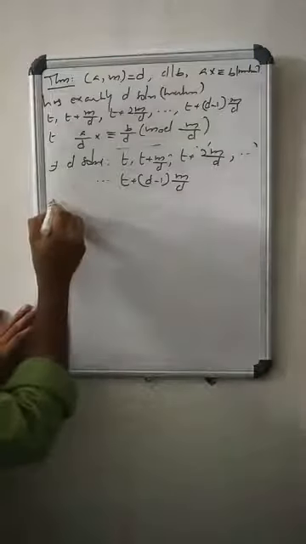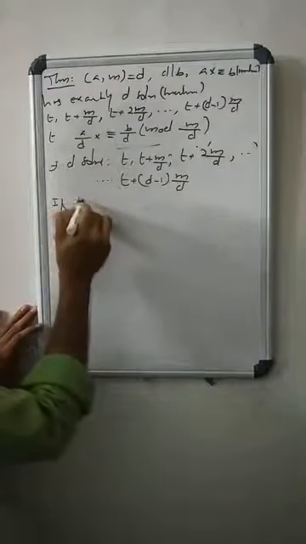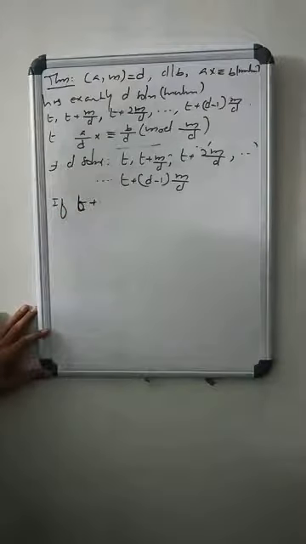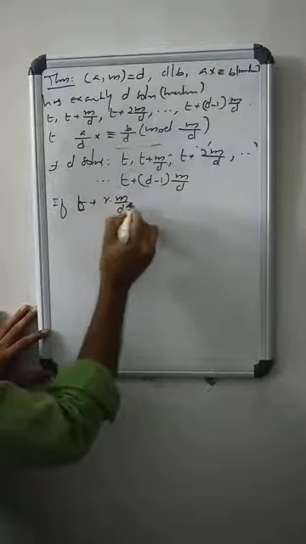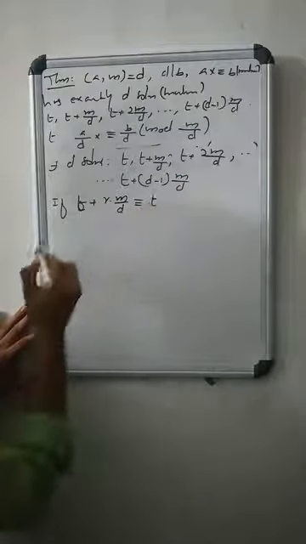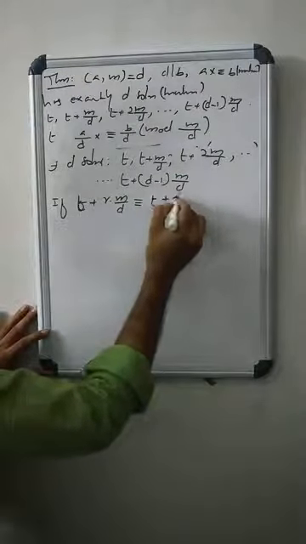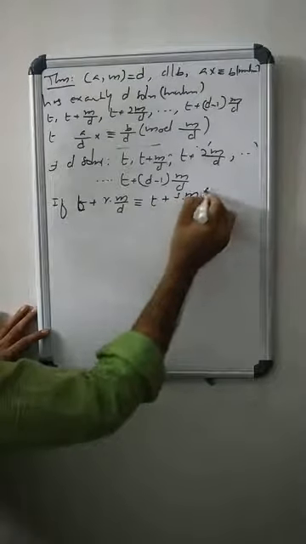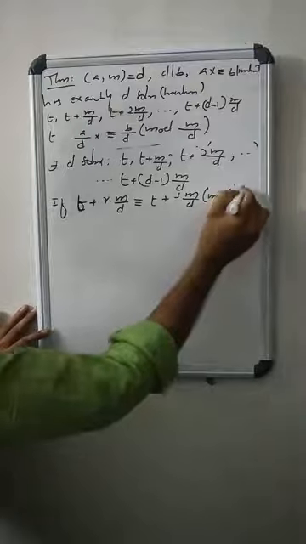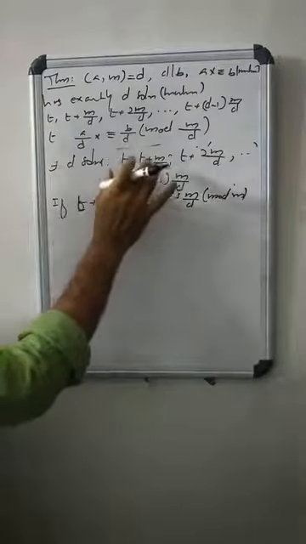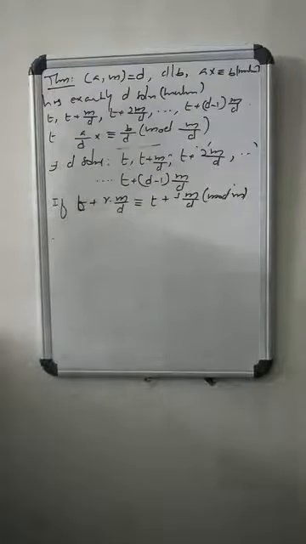If possible, let t plus r m by d be congruent to t plus s m by d mod m. Now we see that there exist exactly d solutions.